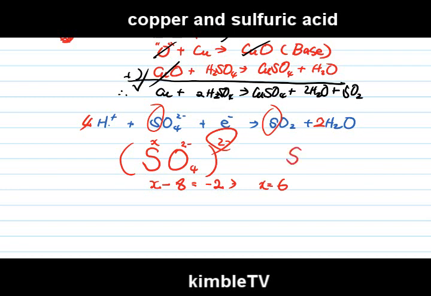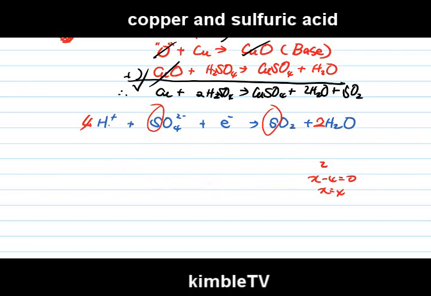And for SO2, X minus 4 equals 0, X equals 4. Okay, the oxidation number of sulfur decreases by 2. So 2 electrons are needed.